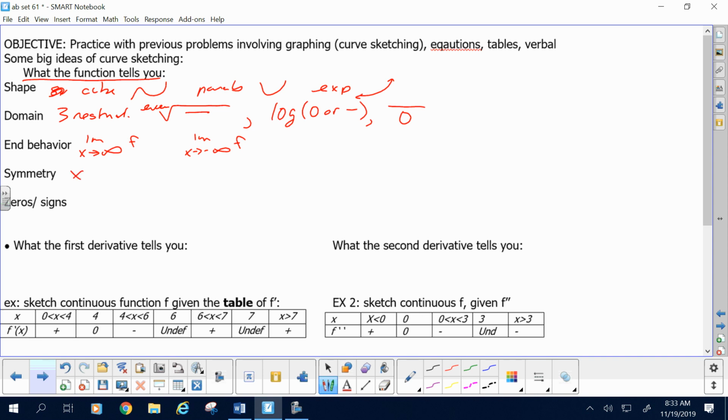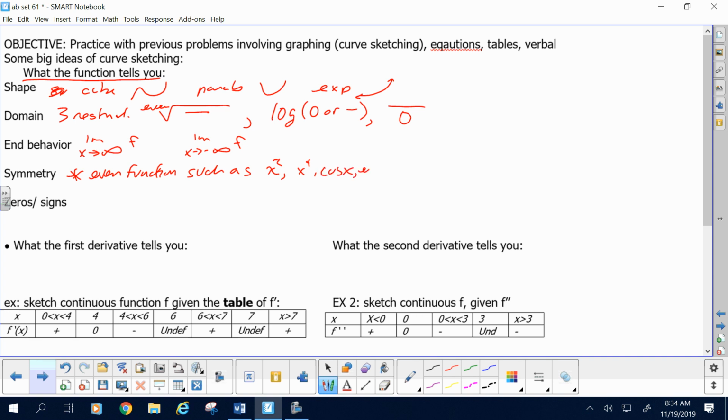By symmetry, I'm specifically saying even functions such as, give me some even functions. X squared. What else? X to the fourth. Okay, give me a trig function. Sine is not even, no. Cosine.